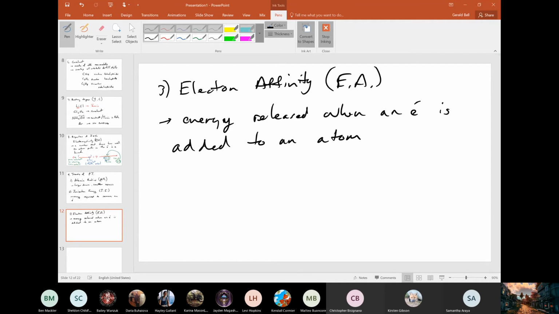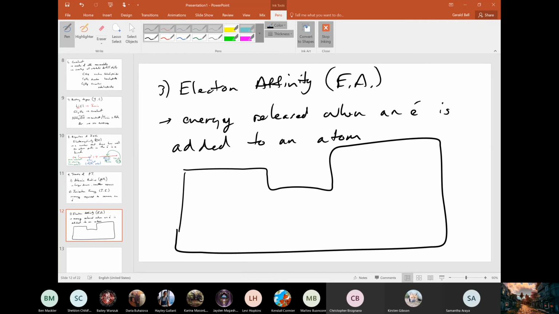And this one depended on the size. If it gets closer, there's more energy released. So with the smaller ones, you get more energy released. The larger ones, not so much energy released. And again, your trends fall out. And they're all opposite of the radius.